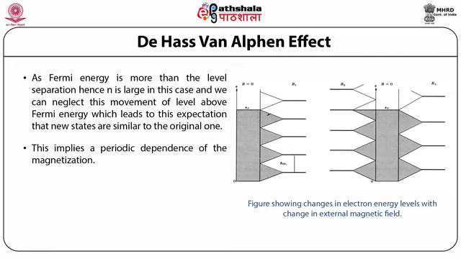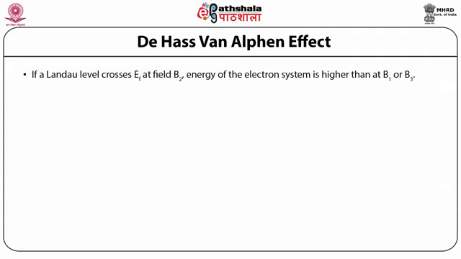Now for each magnetic field, a group of degenerate energy levels defined by a given pair of quantum numbers n and kz is called a Landau level. If a Landau level crosses the Fermi energy at field B2, the energy of the electron system is higher than at B1 or B3.